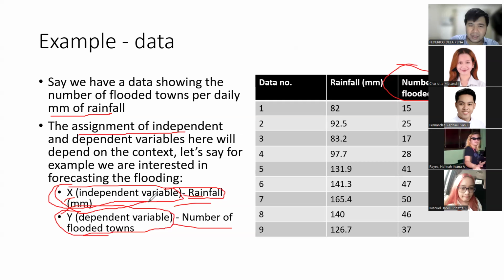So it makes sense to make this variable your independent or predictor variable. On the other hand, of course, flooding is sort of a consequence of your rainfall. And this could be quite hard really to forecast, right? So this would be our dependent or response variable, or this is the value that we're trying to predict.